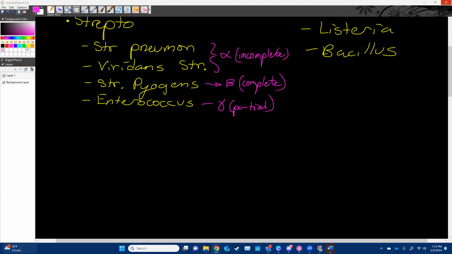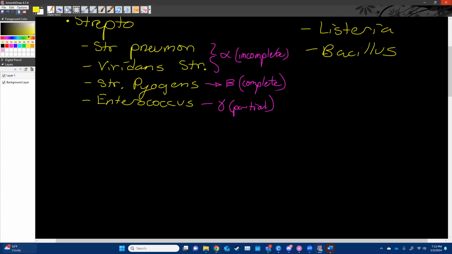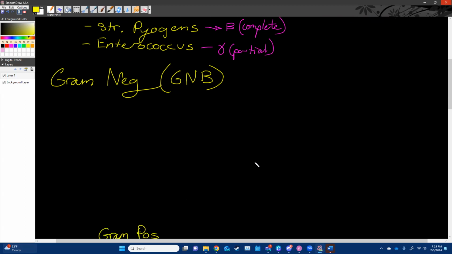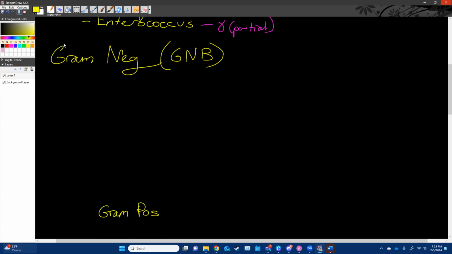All right, let's go into gram negative. By the way, if you see me write GNB or GPB, that's gram negative bacteria versus gram positive. I felt the exact same way when I was in the class. It's all about how you can organize the material.